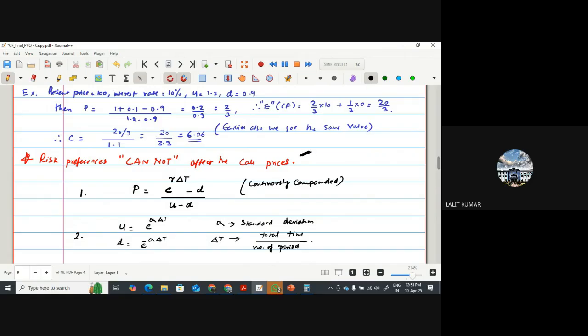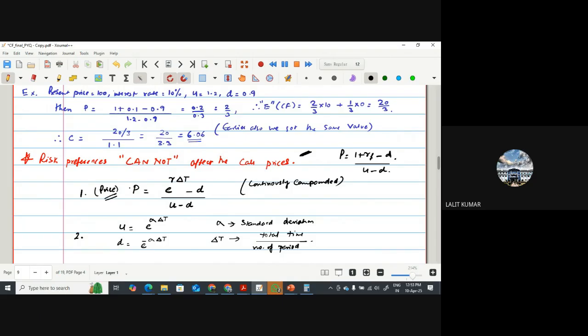Okay. Now we come to certain other formulas. We found that the probability was (1 plus RF minus D) divided by (U minus D). This formula is for the price.